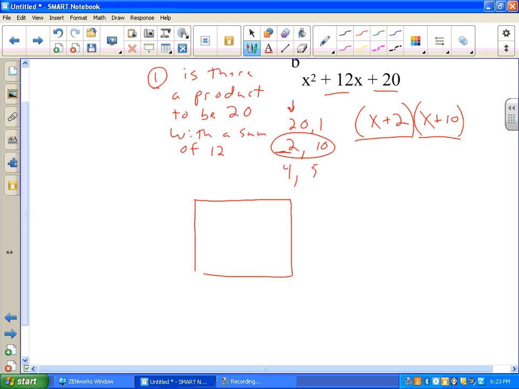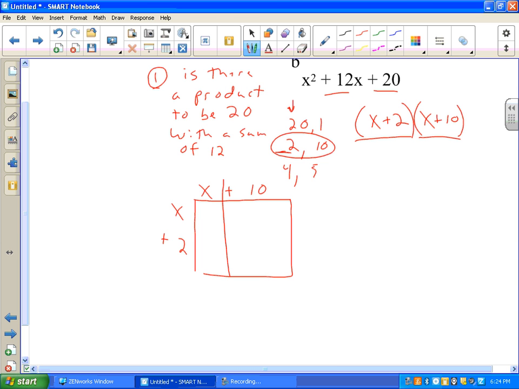If we have a rectangle whose height is x plus 2, x feet plus 2 feet, and we have a width of x feet plus 10. We want the width to be so much more than the height.